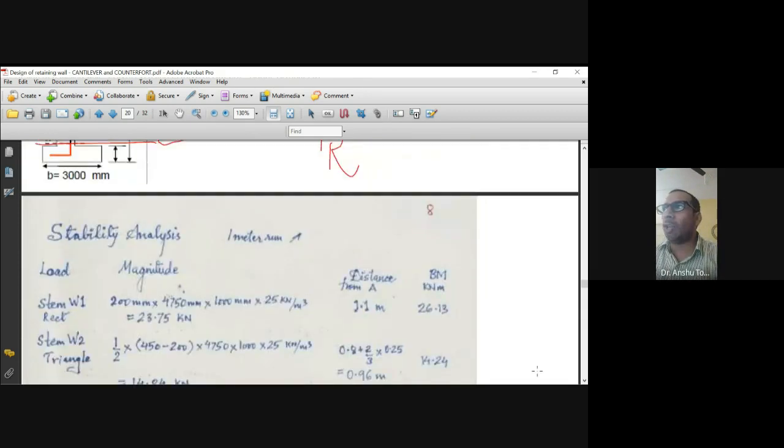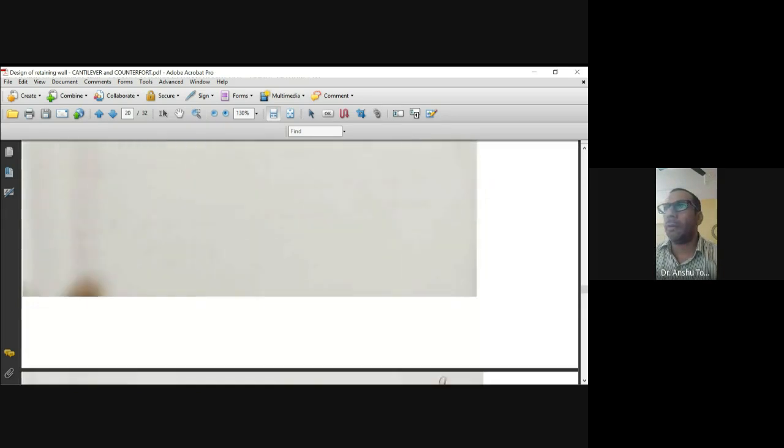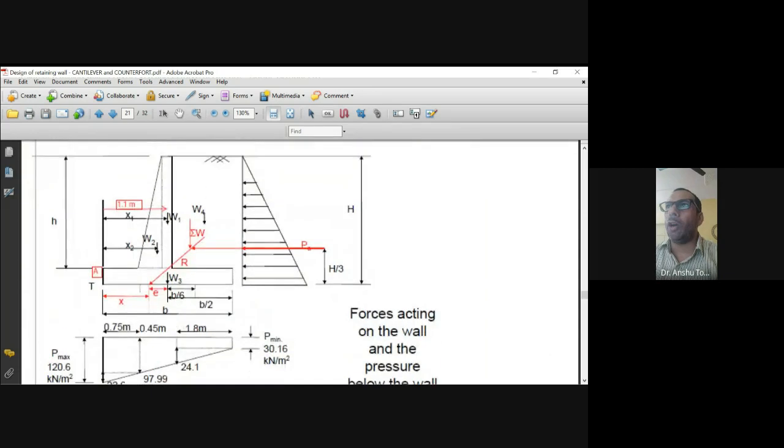Now the distances corresponding from point A. For W1, as I have shown you here, it is 1.1 from this point. For W2, it is going to be 0.8. जो हमने proportioning में निकाला था 0.8 मीटर था, उसमें हम ये हमारा कितना टोटल था 450. तो 450 में से अगर हम 200 माइनस करते हैं तो 250 बचता है यहाँ पे.